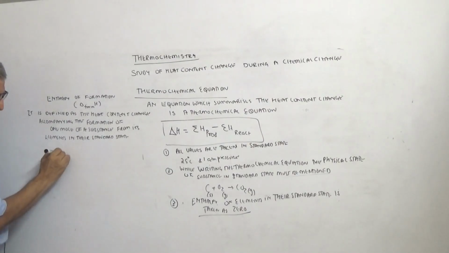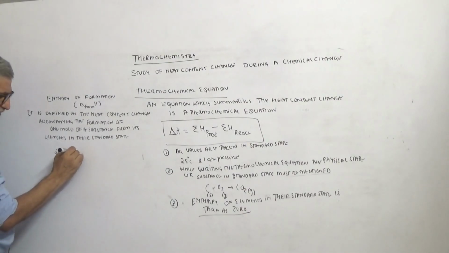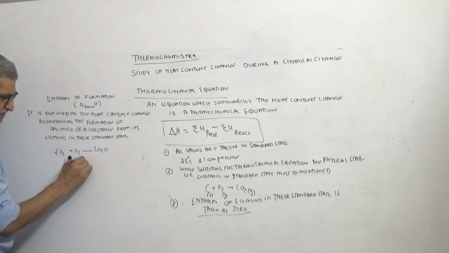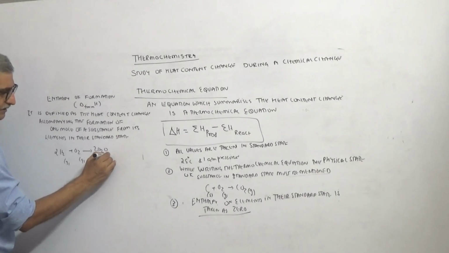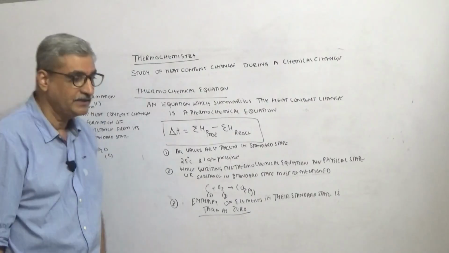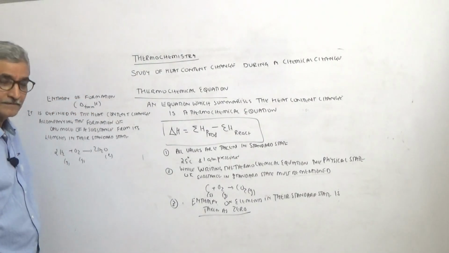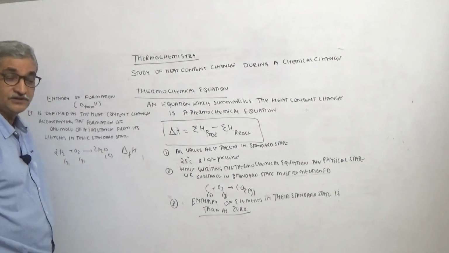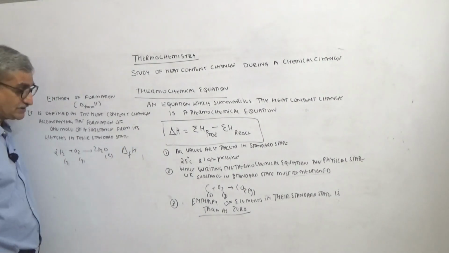So 2H2, I am just giving you an example, 2H2 plus O2 forms 2H2O. So H2 gas, oxygen gas, water will be liquid at standard temperature, not STP, I'm sorry, at standard temperature, 25 degrees, it is liquid. So can I say this is enthalpy of formation? No, I cannot say. Why?